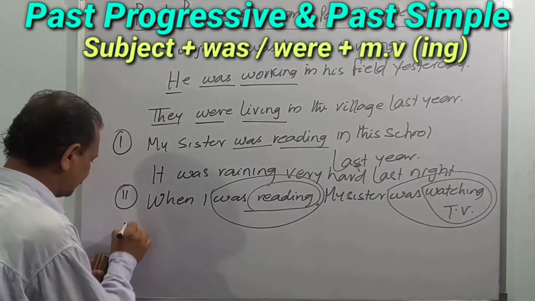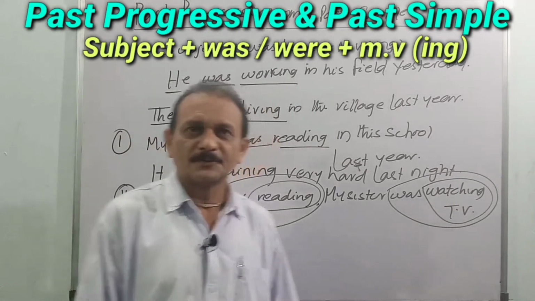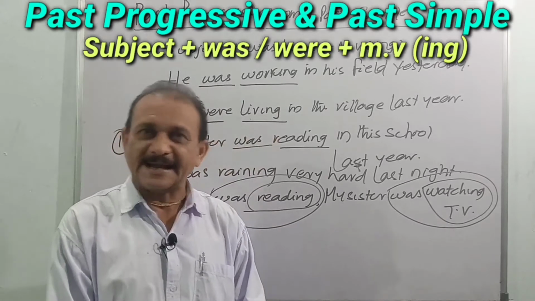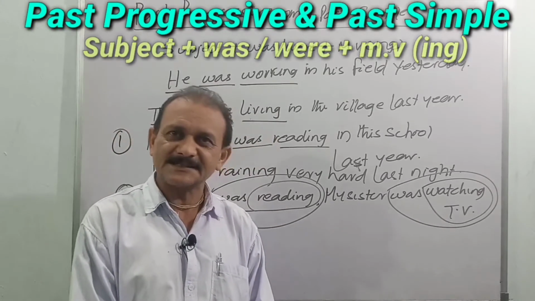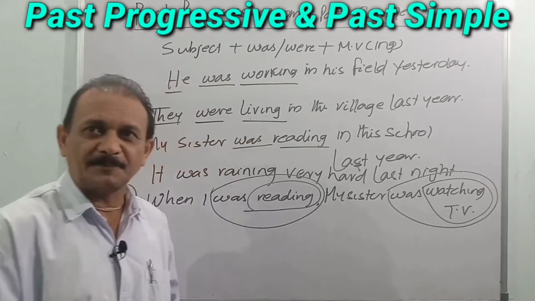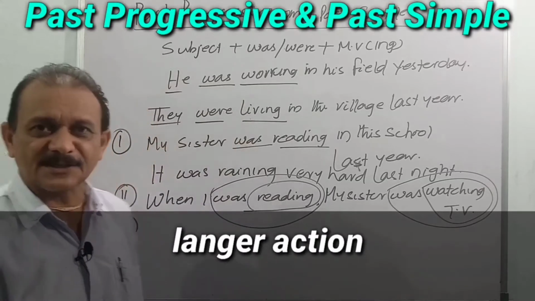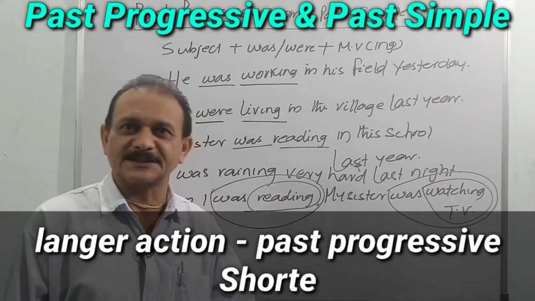Rule 3. You know, when the action began in the past as a longer action, and in the middle another action happened, it's called a shorter action. In the longer action, we use past progressive.